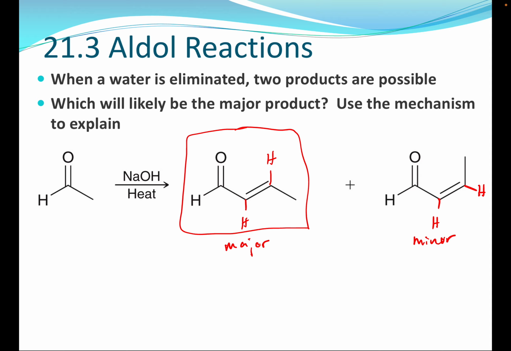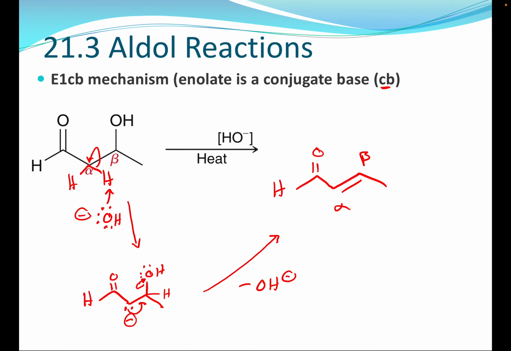Think about what our mechanism looked like. I'm going to go back 2 slides for us to look very briefly. We want our elimination to, we have our alcohol that is leaving, and it's furthest away from that lone pair, so that the lone pair has plenty of space.